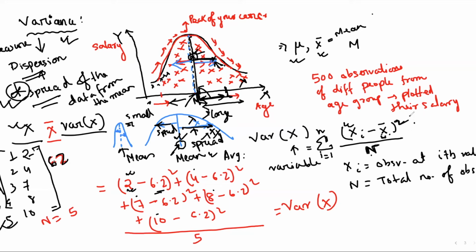That's the reason we are squaring it, because -1 and -1 is nothing but 1 plus 1, right? So that's why we have put the square. Basically we're calculating the distance of this particular point from the mean, xi minus x bar squared divided by n, summation over the entire x observations. This is all about variance.